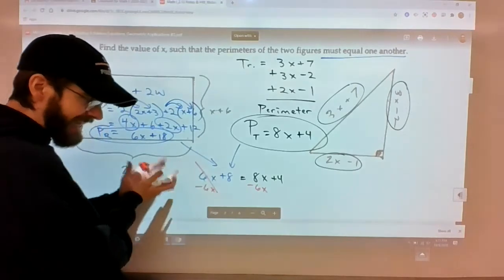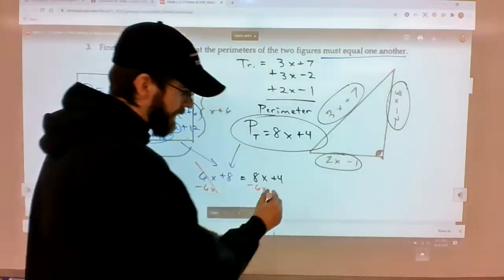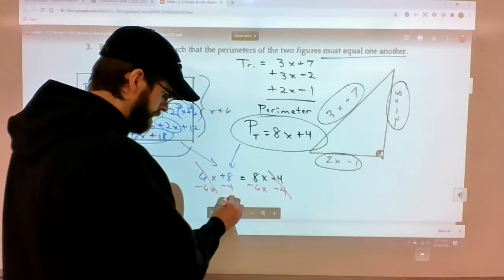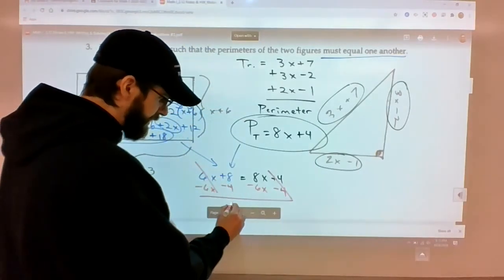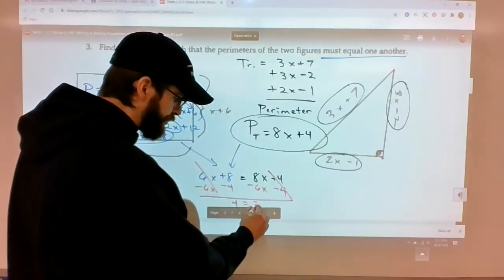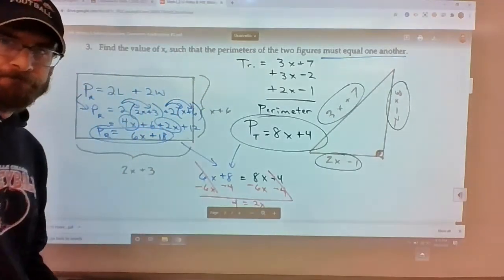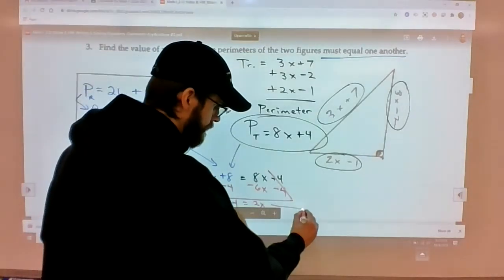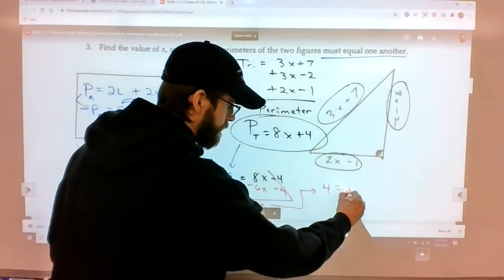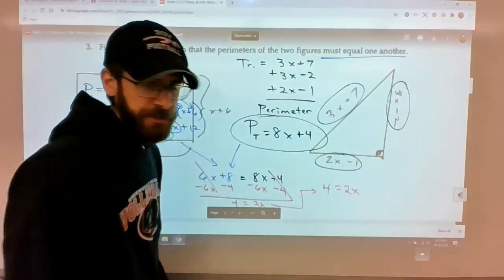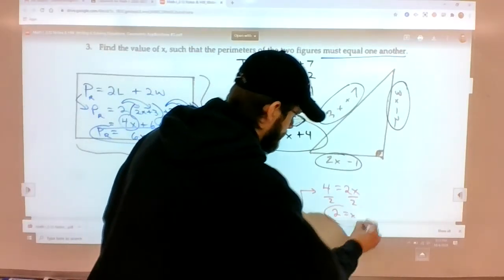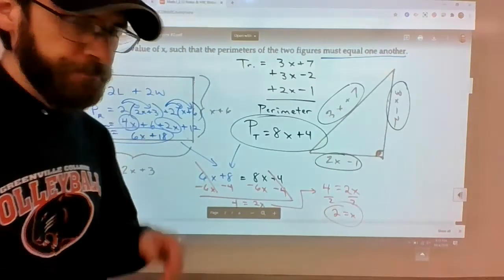So I'm eliminating an x on the left. I'm going to eliminate a constant from the right. That gives me 4 equals 2x. Divide both sides by 2. And you've got x equals 2.